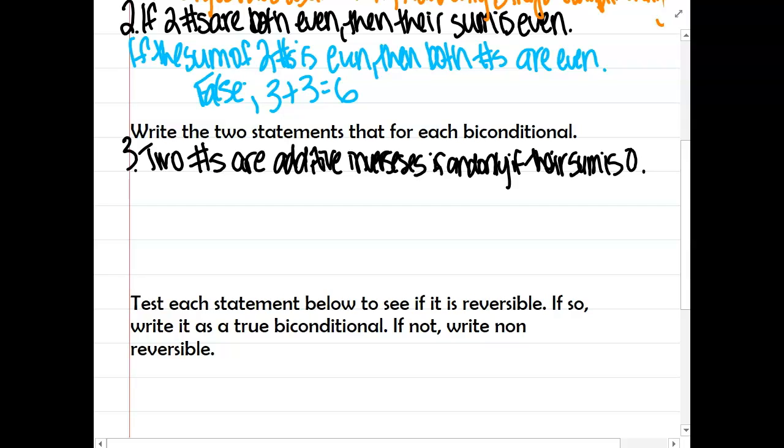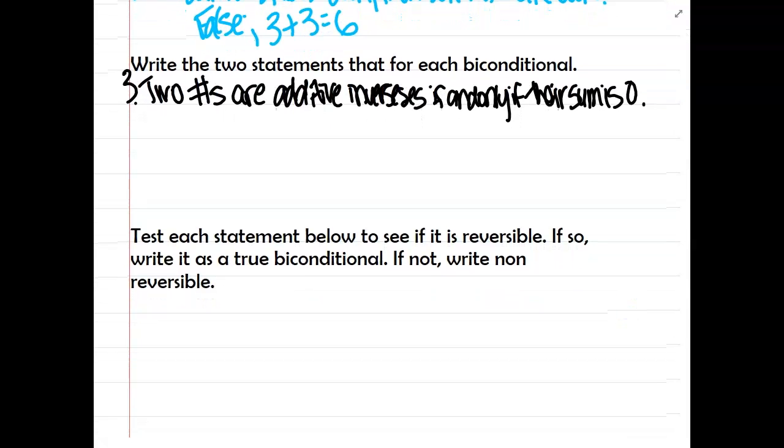Two numbers are additive inverses if and only if their sum is 0. Now, if I want to write the two statements, they are going to be conditional statements. So these statements need to be in if-then format.